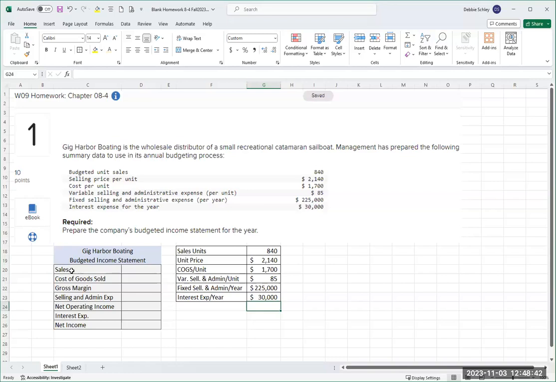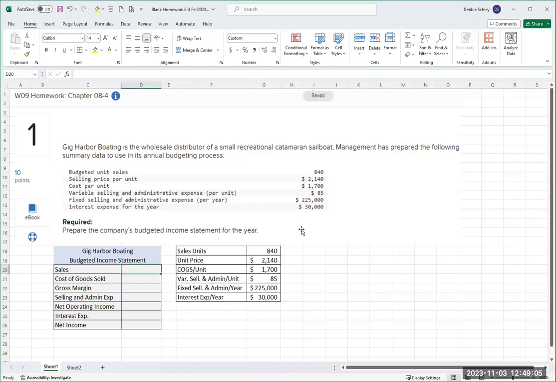Okay, so when you're doing a budgeted income statement, it's always sales minus cost of goods sold equals gross margin, minus selling and administrative expense equals net operating income, minus interest expense equals net income. And so I just start plugging numbers in.